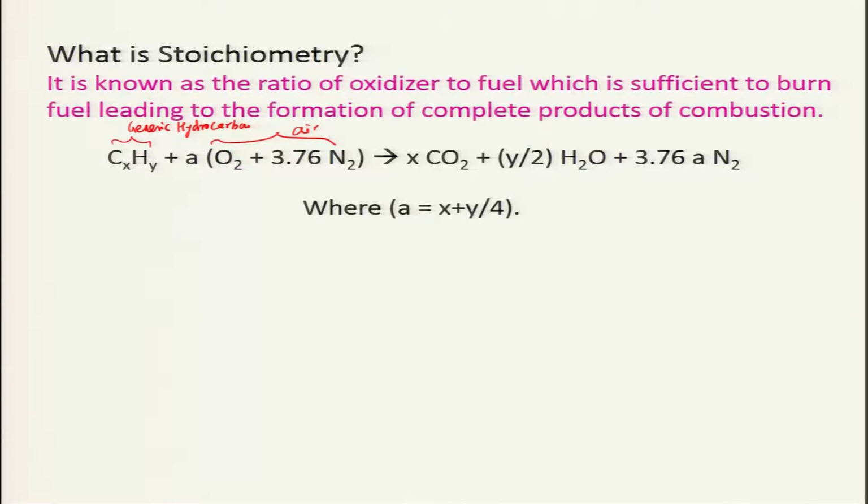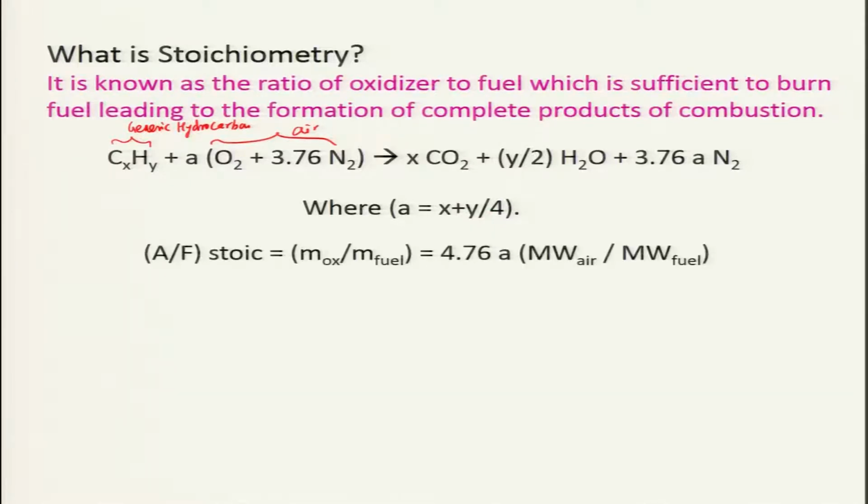So, therefore, you can also calculate from this that A is equal to X plus Y by 4, and then air by fuel stoichiometric will be mass of oxidizer or mass of air divided by mass of fuel, which is nothing but 4.76 A. This is 3.76 and this is 1.